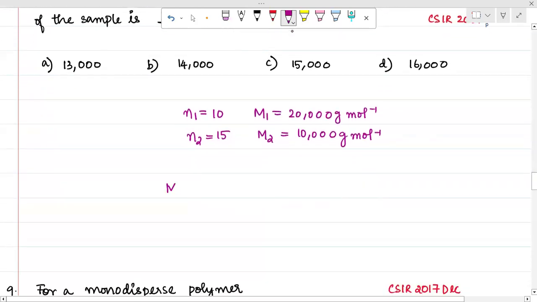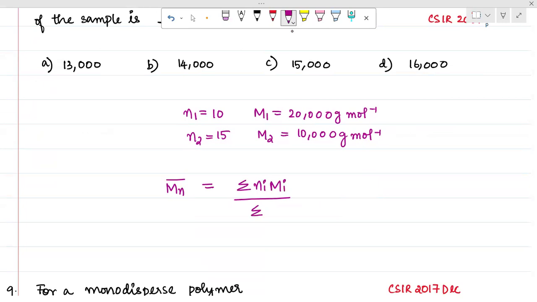Very easy. Number average molar mass is equal to sigma Ni Mi divided by sigma Ni, which is equal to 10 into 20,000 plus 15 into 10,000 divided by 10 plus 15 is 25. So let me calculate. 20,000 into 10 is 2 into 10 to the power 5.